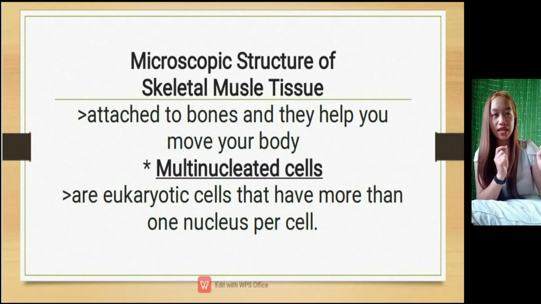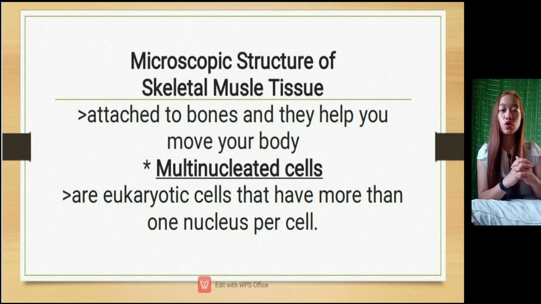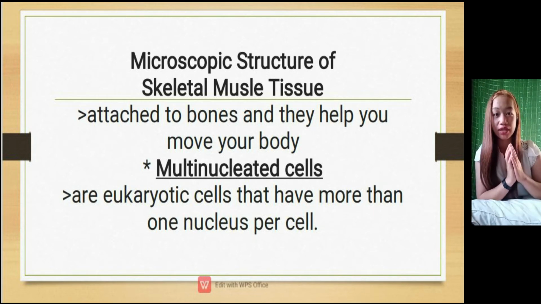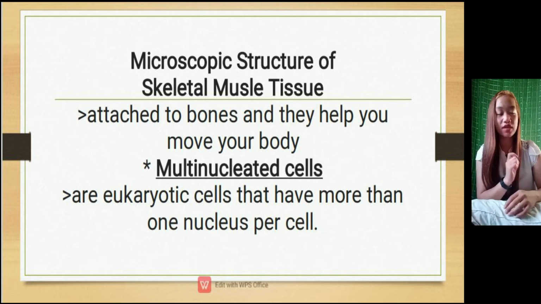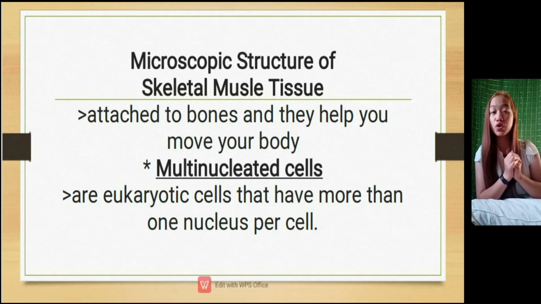Skeletal muscle tissue is attached to the bones and helps you move your body. So this is very important in the body movement of an individual. And this skeletal muscle tissue is made of multinucleated cells, which are eukaryotic cells that have more than one nucleus per cell.